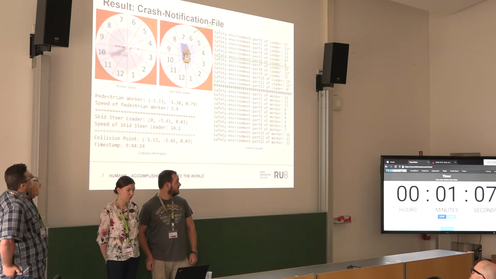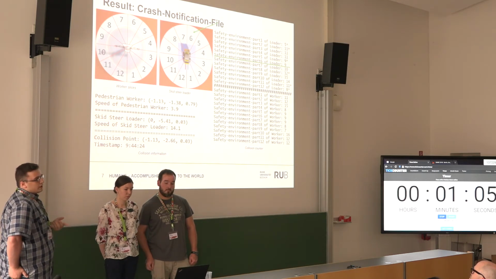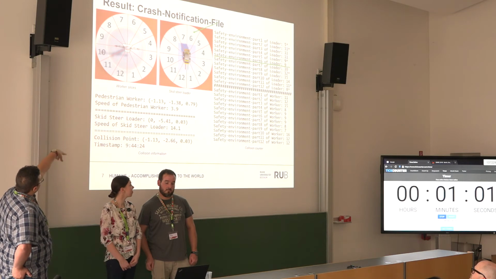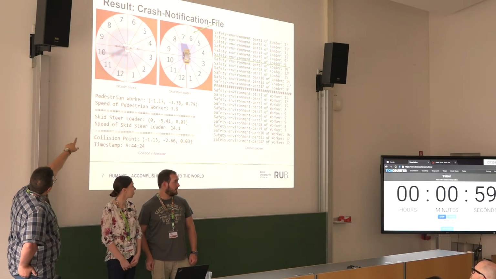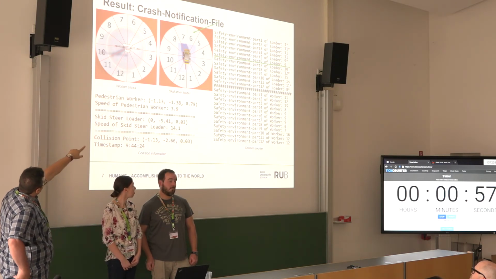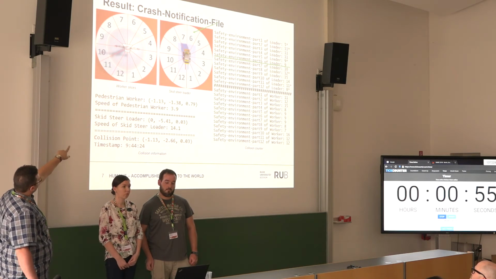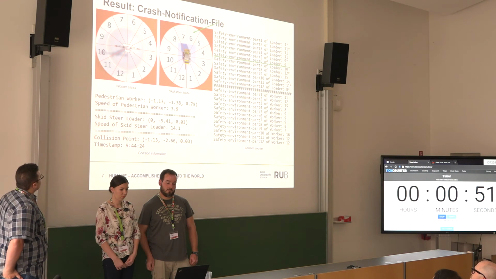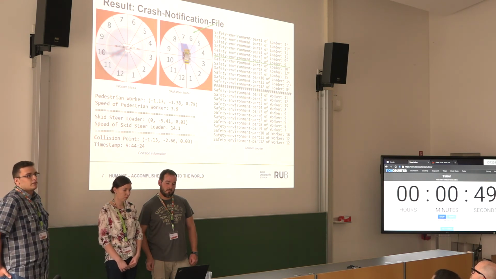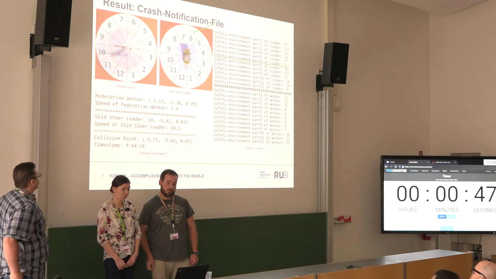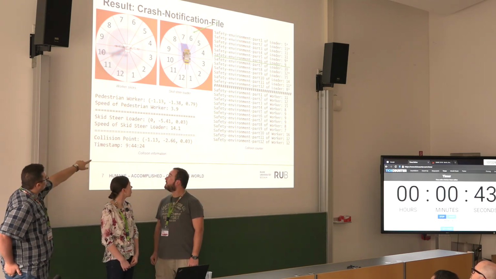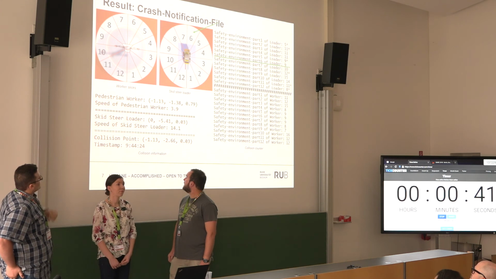In addition to that, we collect data for each collision. You can see this on the left bottom here. For example, we detect the position of the worker and of the skid loader, and additionally the speed of the worker and the skid loader when the collision happens. Lastly, we detect the collision point itself and the timestamp.